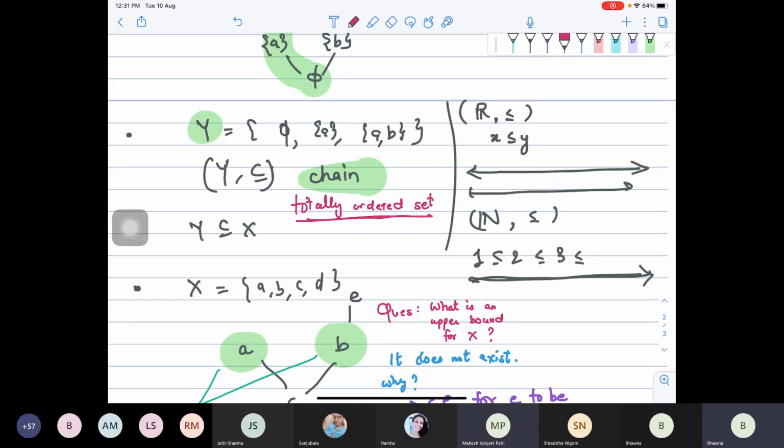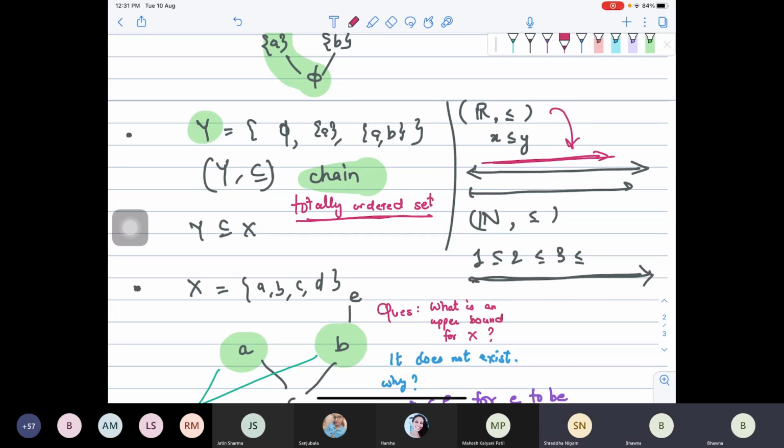N with less than or equal to seems like a chain, and R also is sort of a continuous chain. Therefore we call a totally ordered set a chain. It's just an analog to this.